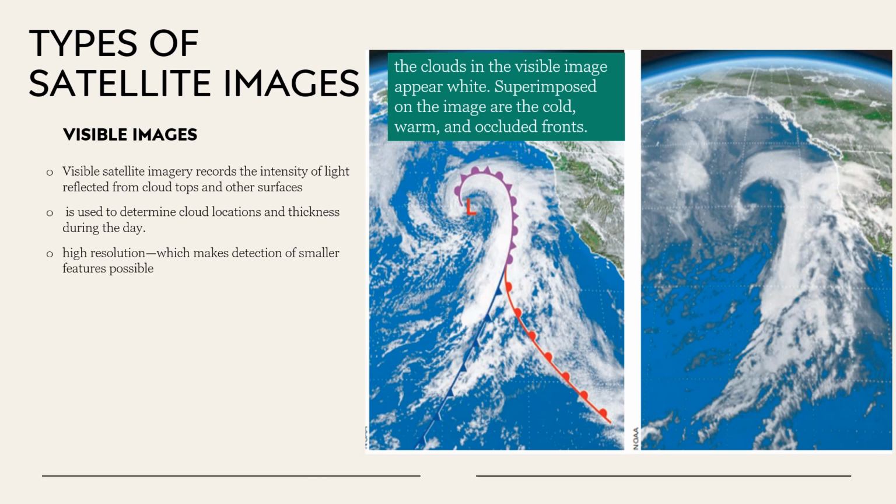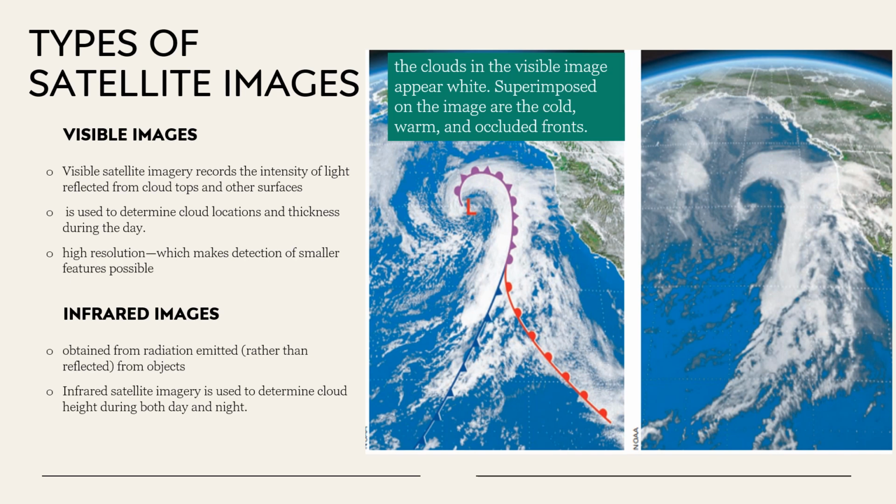The next type is the infrared images. So infrared images are obtained from radiation emitted rather than reflected from objects. Infrared satellite imagery is used to determine cloud height during both day and night.